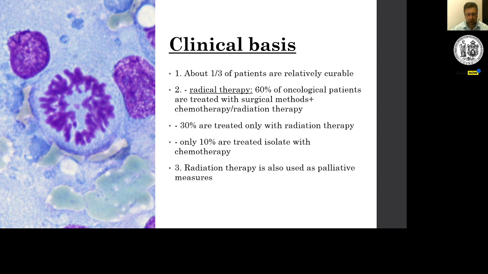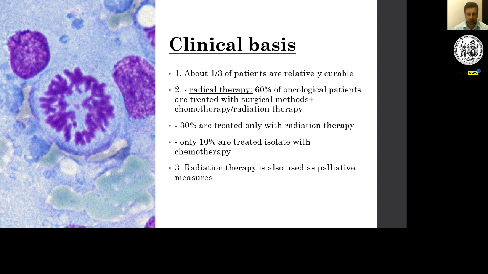So about 1/3 of all patients with cancer are relatively curable. Radiation therapy is not used in all cases. We may say that approximately 60% of oncological patients will be treated with surgical methods in combination with chemotherapy or radiation therapy.